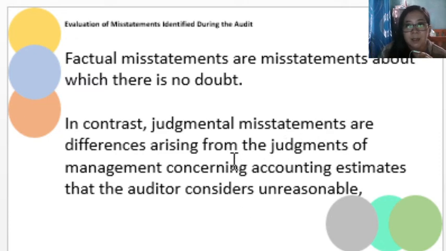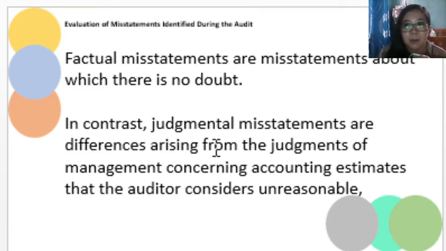Meaning, this misstatement is due to the judgment, or how the management interprets a particular financial reporting framework and how they apply it in the preparation of their financial statements, that resulted in a misstatement.